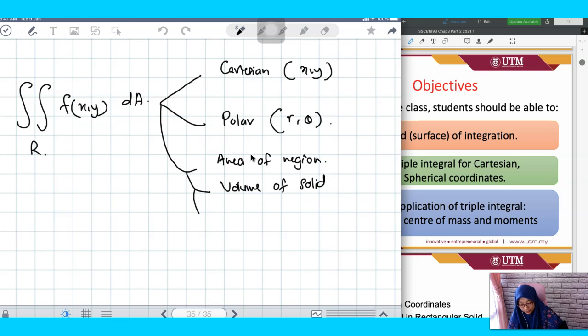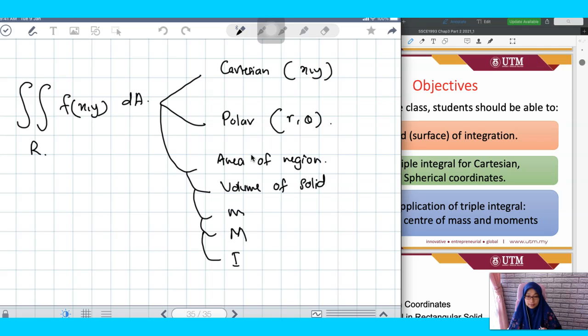We also discussed how to evaluate the mass of the lamina, where a lamina is considered as just like a curve in 2D. Then the moment of mass, capital M, and we also learned the second moment, which is the moment of inertia.